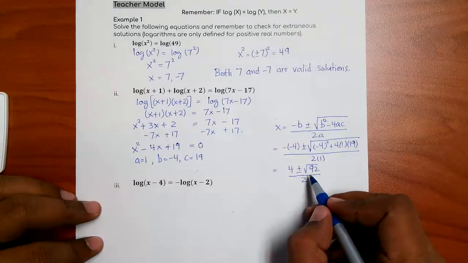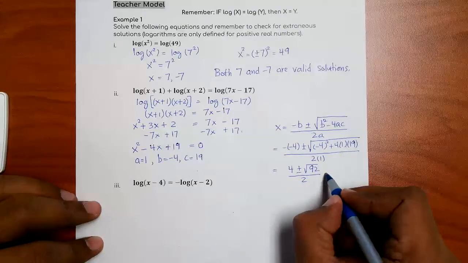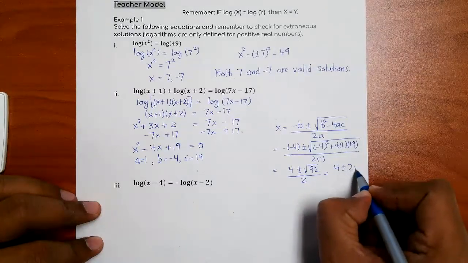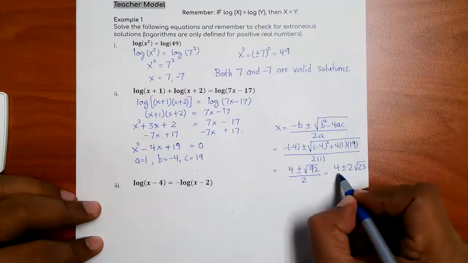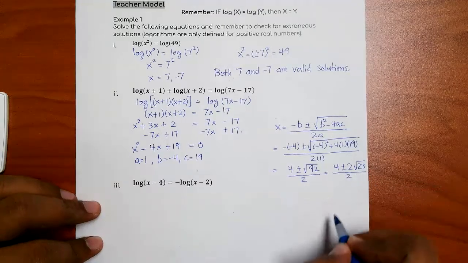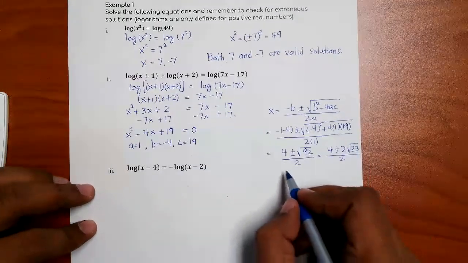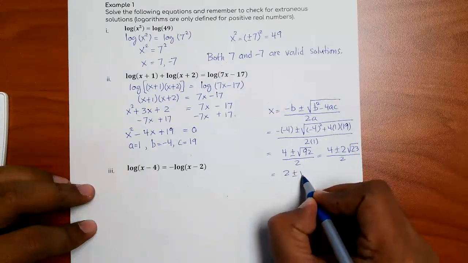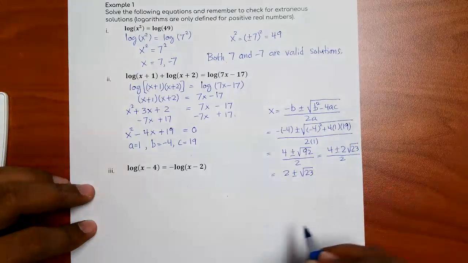So 23 times 4 is 92. So 4 can come out as 2. So plus minus 2 square root of 23 upon 2. Then we can simply write this as 2 plus minus square root of 23.